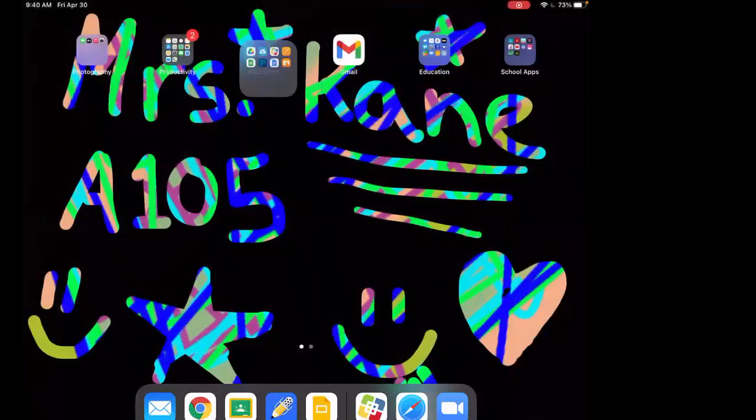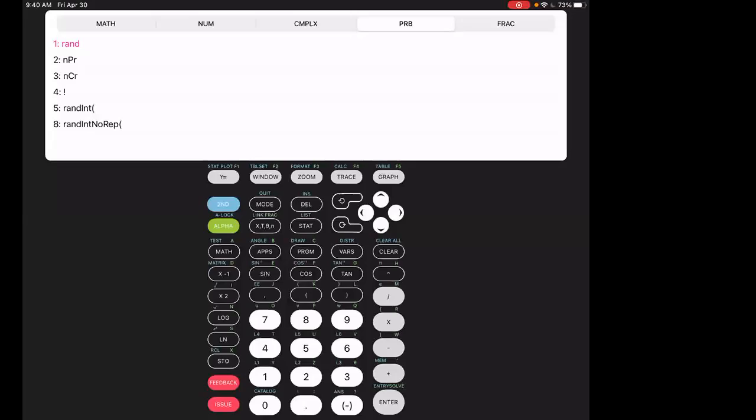So again, if you don't have that installed, please make sure you install that for Monday, and I'll show you what, like, mine looks exactly like a graphing calculator. So install it, and then you'll have that to use, because we will be using special functions of that graphing calculator. If you already have a graphing calculator, that's fine.